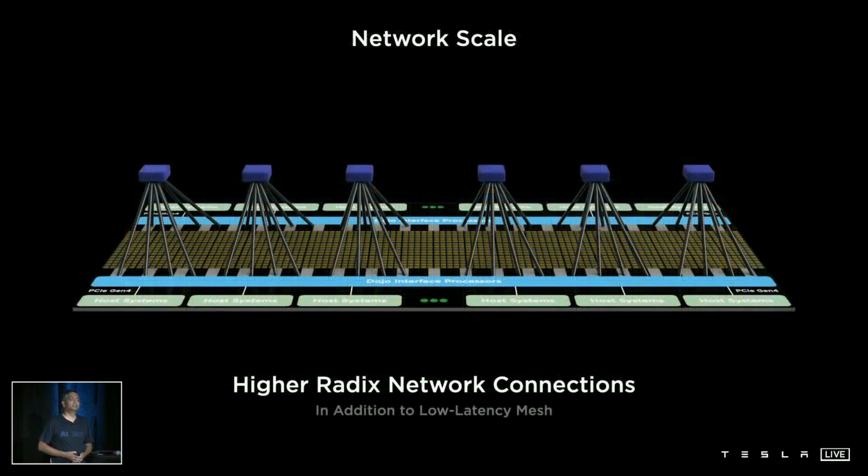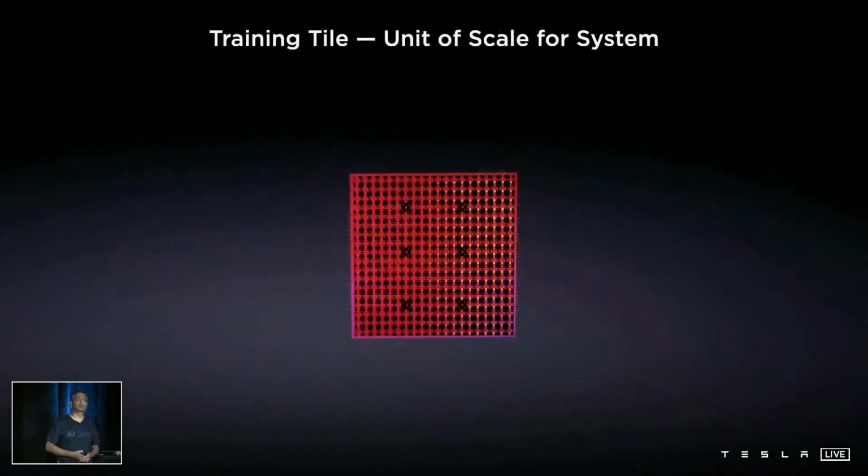In addition, the interface processors can also allow us to have a higher radix network connection. In order to achieve this compute plane, we had to come up with a new way of integrating these chips together. And this is what we call a training tile. This is the unit of scale for our system.